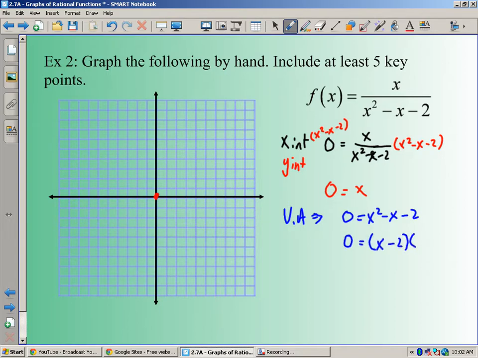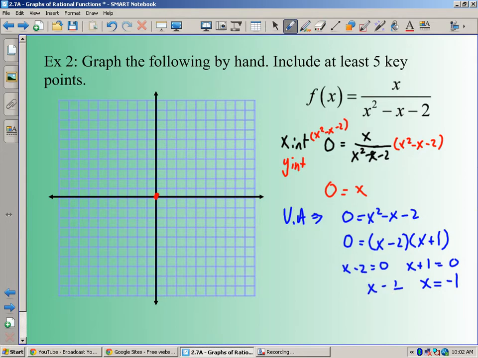Using my zero product property, I can say x minus 2 equals 0 and x plus 1 equals 0, and I can solve for x, and I know that x can't equal 2 and x cannot equal -1. That's where our vertical asymptotes are. I'm saying cannot because they're not in the domain of the function, but they are the vertical asymptotes.